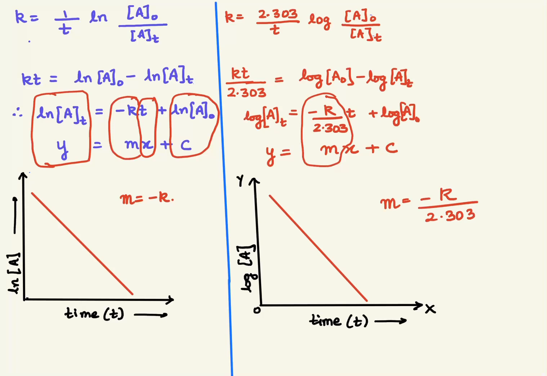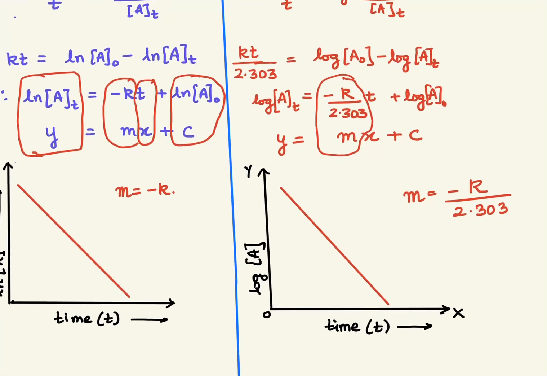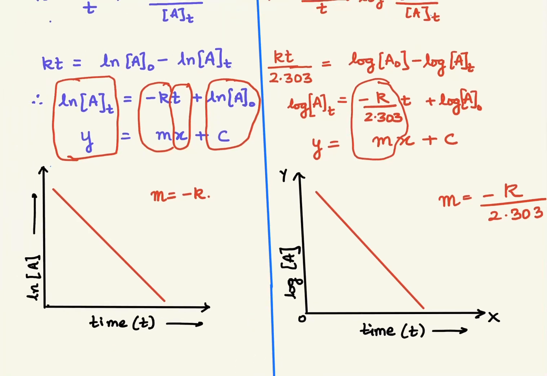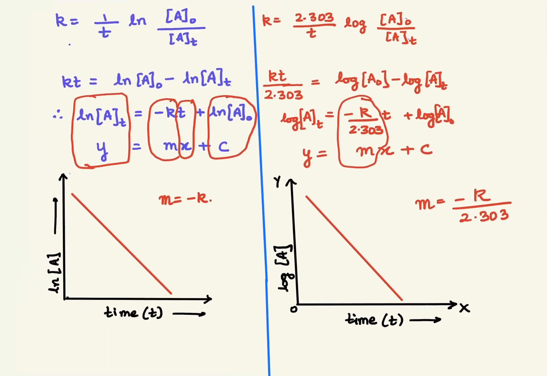You know, when will it be equal to minus k, when will it be equal to minus k by 2.303. Many a times we see students memorizing these concepts. What I believe is that if you understand the concept, it's super easy. You don't have to memorize anything, especially when it is physical chemistry. Really easy.